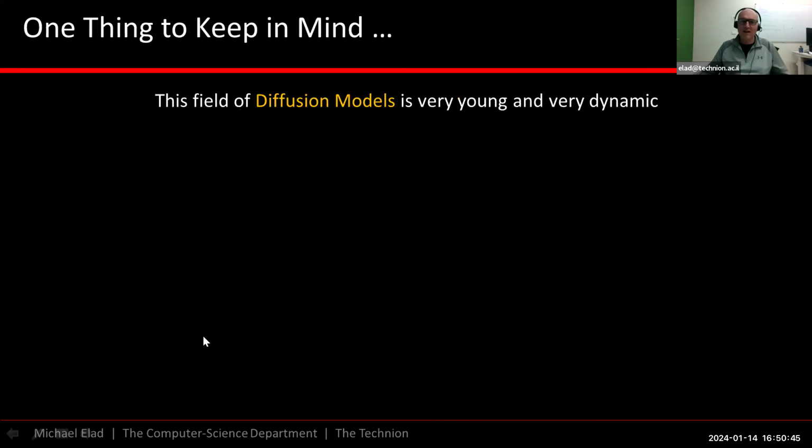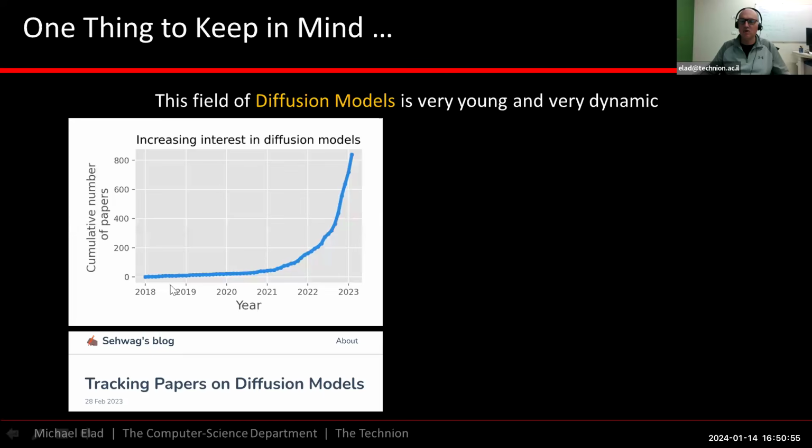One last thing that I do want to mention is the fact that diffusion models is a very hot topic. It's very young and it's very, very dynamic. It keeps moving. Here is an illustration. This is a graph that shows the accumulated number of papers in arXiv that were published on the topic of diffusion models. At the moment, this stopped at February 2023. We are now almost a year forward.